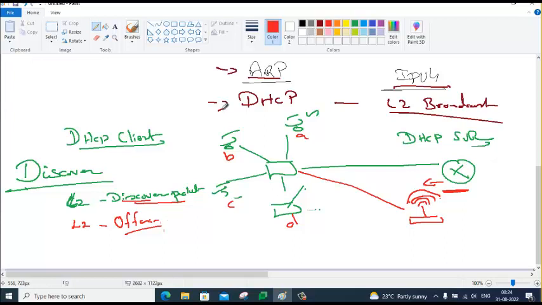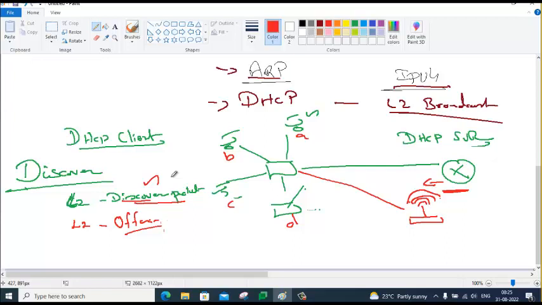You might have seen, when you turn on your laptop and look for a Wi-Fi signal, you will see your Wi-Fi and your neighbor's Wi-Fi. Sometimes if you're in an apartment, you will see 10 Wi-Fis. Which one is yours? Everyone has logged in to theirs, and you also have logged in to yours. Others cannot get into yours, so you cannot get into others. Fine, but the offer comes from everyone. When your laptop boots, the discover packet goes out, and all DHCP servers in the apartment respond to you.